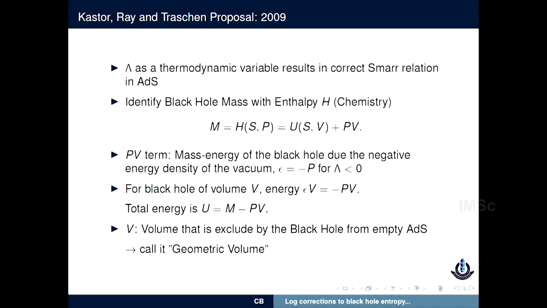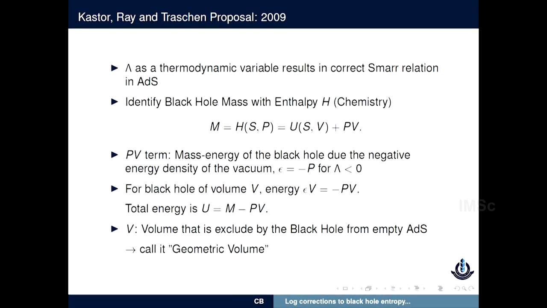Here, because of the way the first law appears once you write the Smarr formula, this also requires that the mass of the black hole has to be identified with the enthalpy of the system, not the internal energy. The usual way is to associate the black hole mass with internal energy. So here it turns out you will have to associate it with the enthalpy of the system.